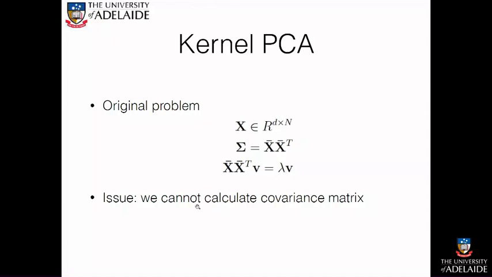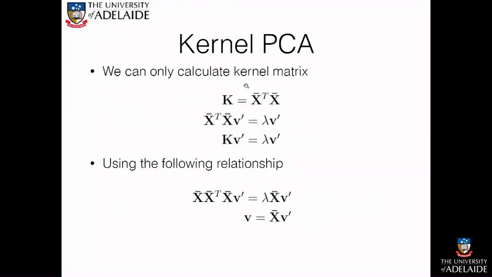So if we want to kernelize the linear PCA, we need to replace the original data x with the transformed version, phi x, and calculate the covariance matrix in the transformed space. We can actually calculate this kernel matrix and use this relationship to do the eigendecomposition in the transformed space.